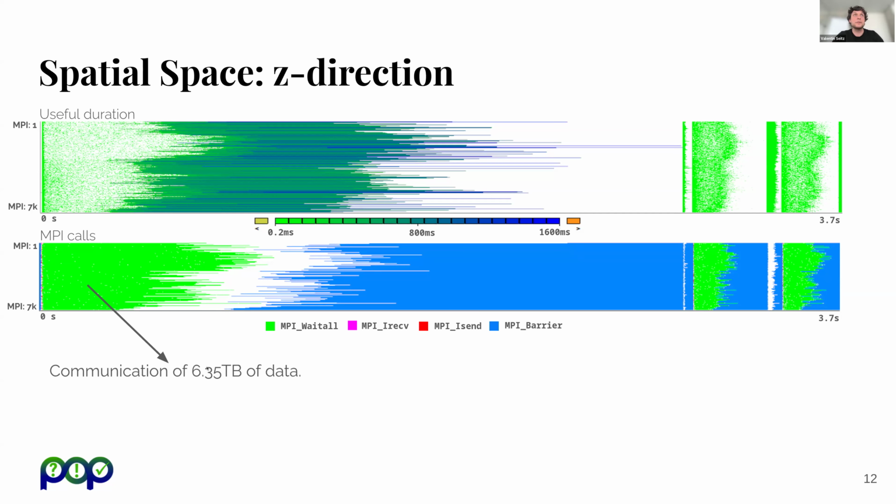This is only the set directional update on 500 nodes, and we communicate roughly 6.3 terabytes of data. Per process, that's on average roughly 900 megabytes. And per node with the 14 processes that we have on a node, that's like 12 and a half, 13 gigabytes per node. On MareNostrum, we can move roughly 12 and a half gigabytes per second.